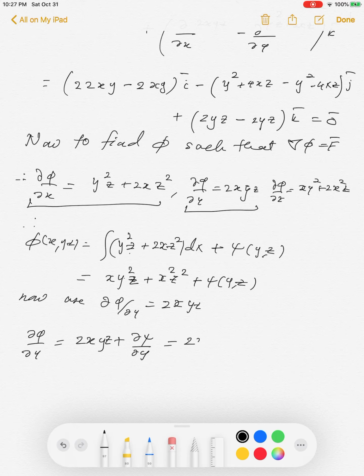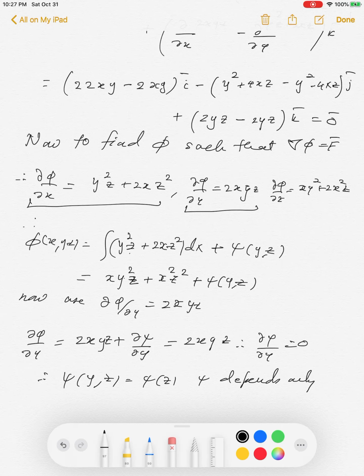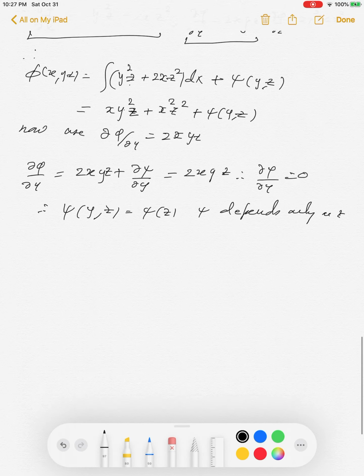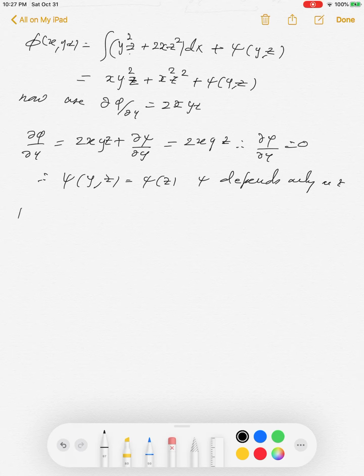I made one mistake, I forgot the z here, so d phi dy is going to be 2xyz, that must be equal to 2xyz. So that gives you d psi dy to be 0. So psi depends only on z. Psi of yz is just psi of z.